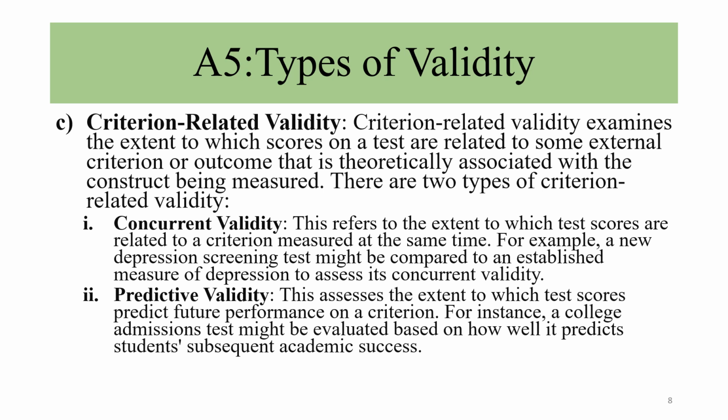For example, a new depression screening test might be compared to an established measure of depression to assess its concurrent validity. If there is a depression test of 100 items and you develop a depression test of just 30 items, and you give it to some people at the same time and their scores correlate, then we say that the depression scale of 30 items is behaving similarly to the depression scale of 100 items.